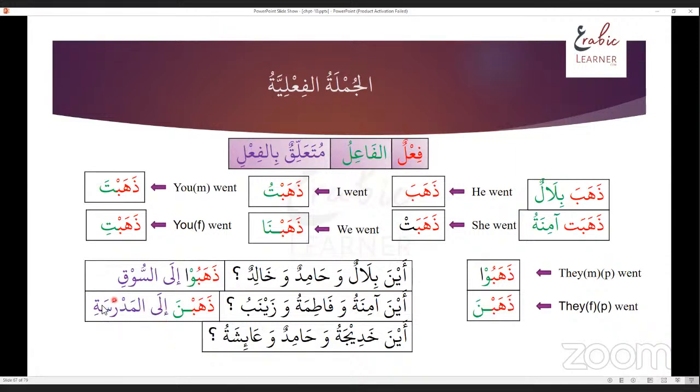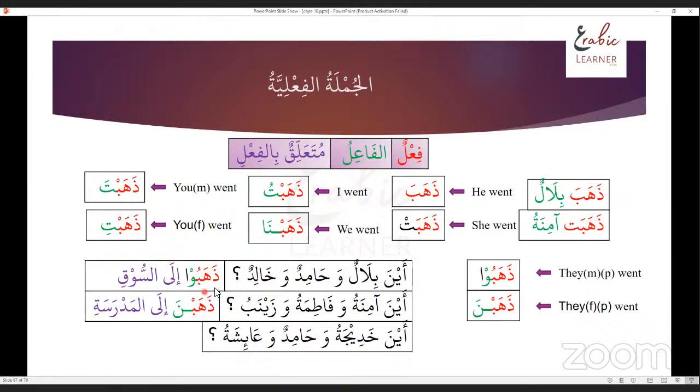Ila al-madrasati. What is ila al-madrasati? Mutalliq bil jar majroor. Yes, but it is mutalliq bil fi'l, the thing you learned yesterday. Same thing here. Ila as-suq is mutalliq bil fi'l.